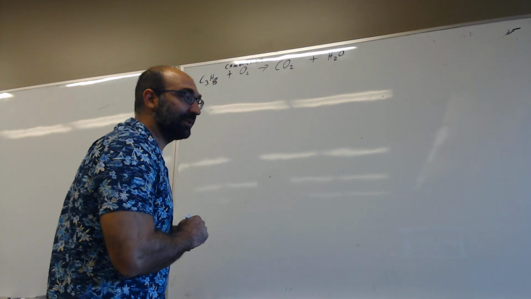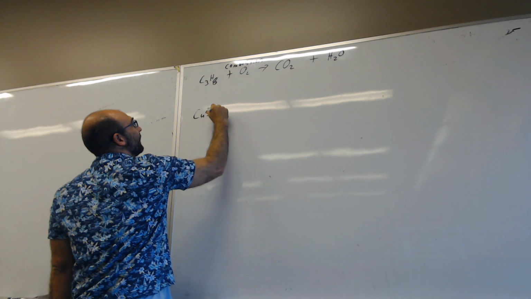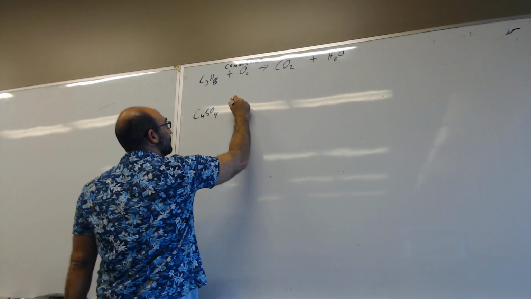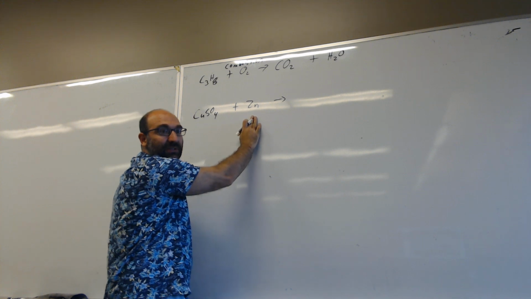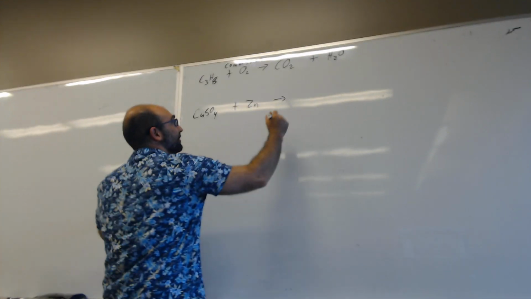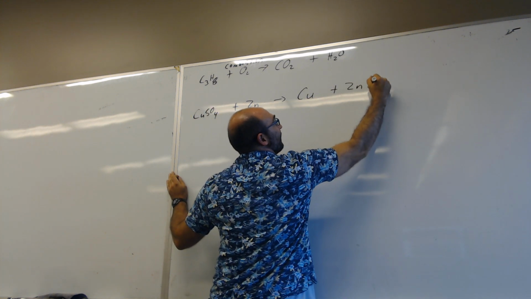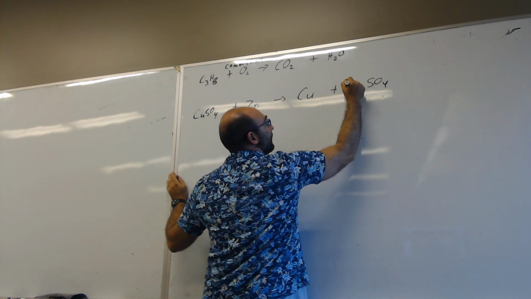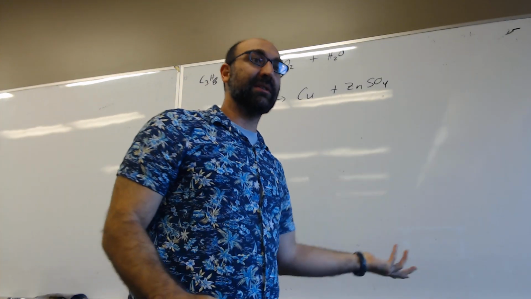The second type of reaction I want you to know: let's say you take copper sulfate and you react it with zinc. The zinc is going to be a little bit more reactive than the copper, and so you're going to produce copper plus zinc sulfate, ZnSO4. So this is copper sulfate mixed with zinc to make copper plus zinc sulfate.